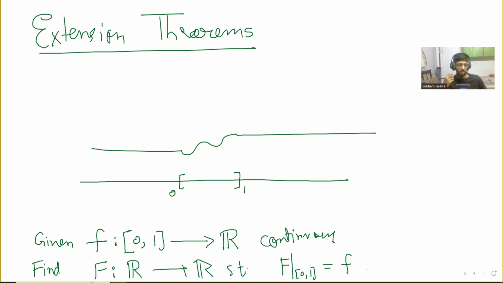But if the boundary is not simple, then what do you do? Here 0, 1 is the boundary. And if it's a circle, there's the boundary of the circle. You can do the same trick. So those are easy.